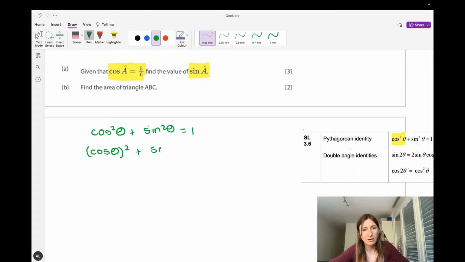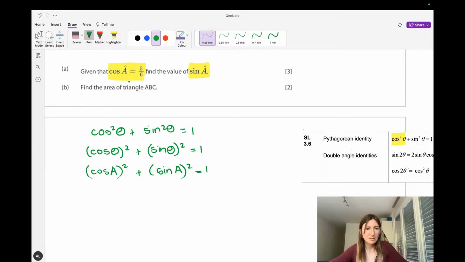But it can often look confusing because you might think, oh, I don't have that. But we have cos theta, and then you just square it. So I'll write it like that. All right, so cos of A is 5/6. So my cos theta, I can write this cos A if you want as well, just to make it really clear. Sine A squared equals 1.